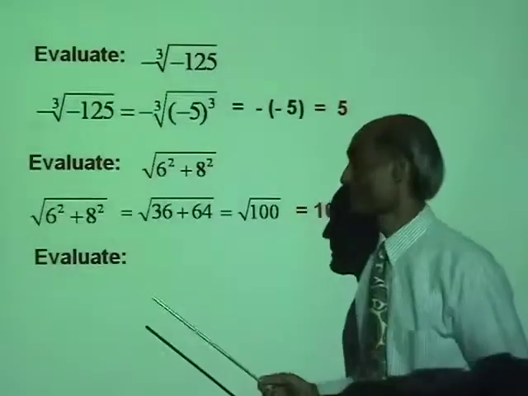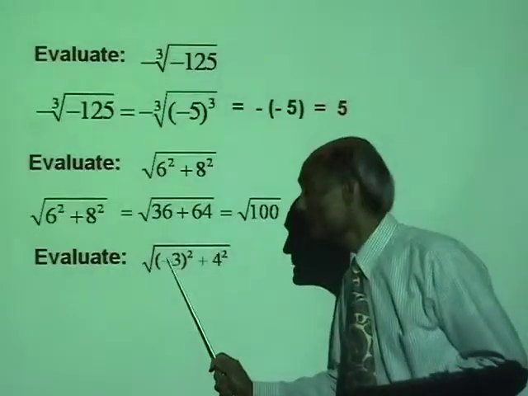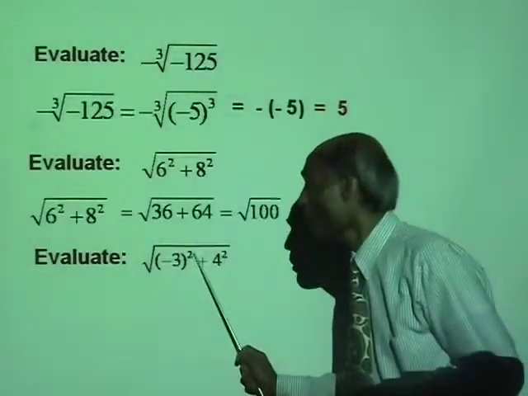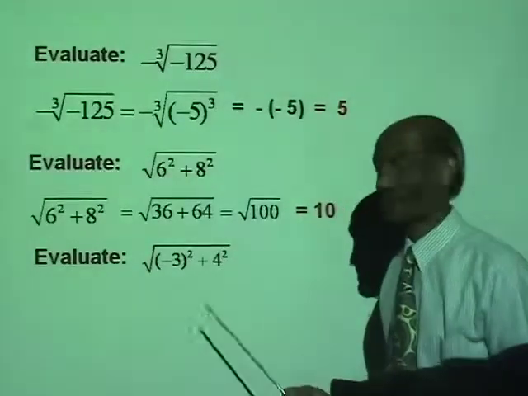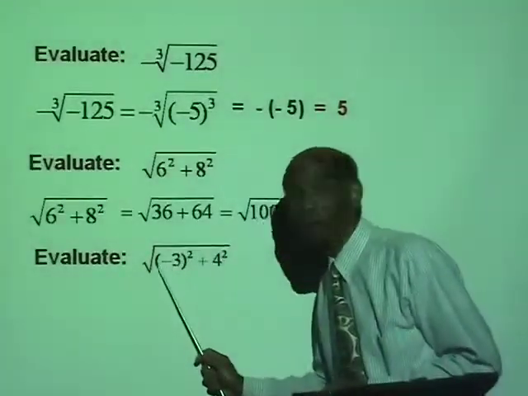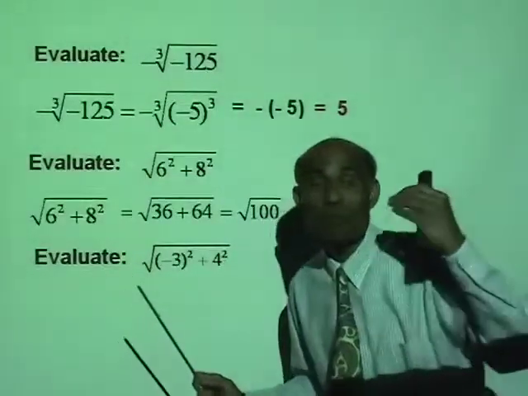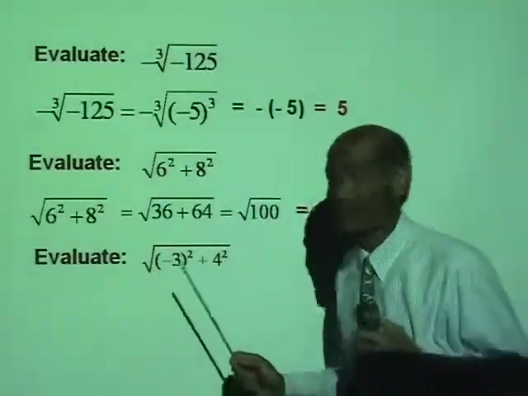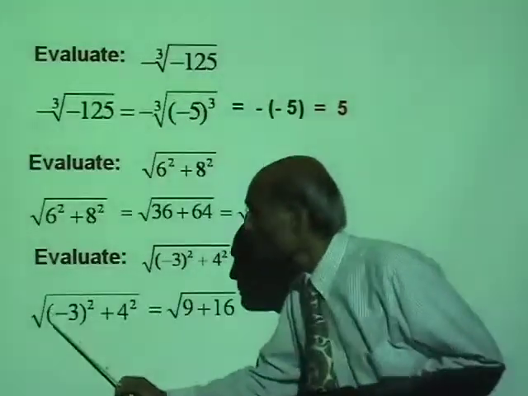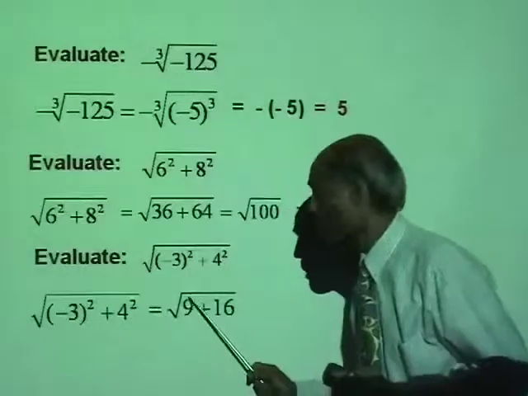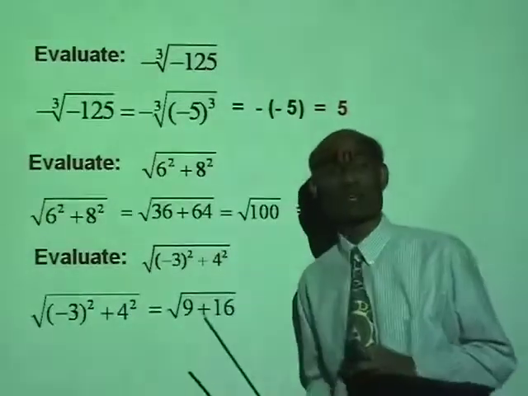Another one. Find the value of, again, the square root of negative 3 all squared plus 4 squared. Well, negative 3, when you square it, it will become positive 9. So this will be negative 3 squared is positive 9 plus 4 squared is 16.